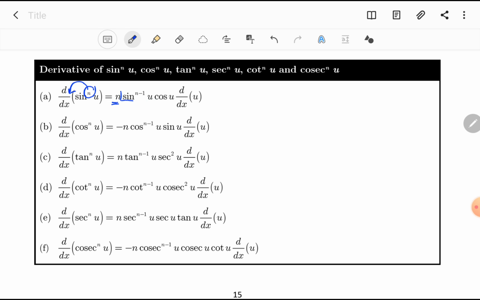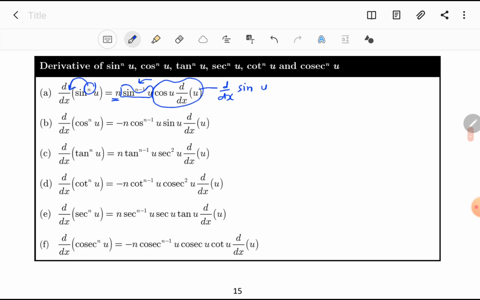Next, we copy the function and reduce the power by 1. Next, we differentiate the function itself. For this case, we differentiate sine u. So this is the derivative of sine u, and so on. We go to the example.